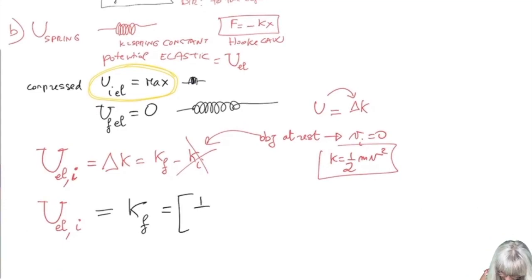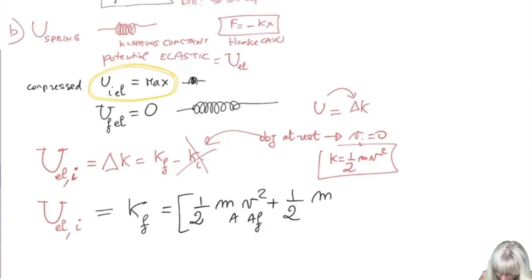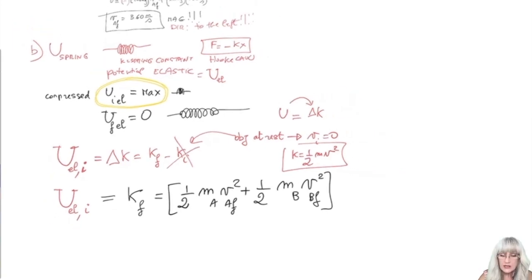It will be 1/2 the mass of A, velocity of A final, plus 1/2 the mass of B, velocity of B final. Oh, you wonder what is the kinetic energy initial? Kinetic energy will be the same, but instead of a final, you will put an i. But I know that this initial energy is 0 at rest.